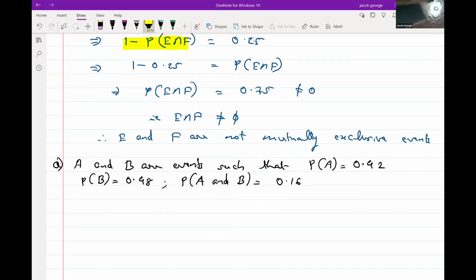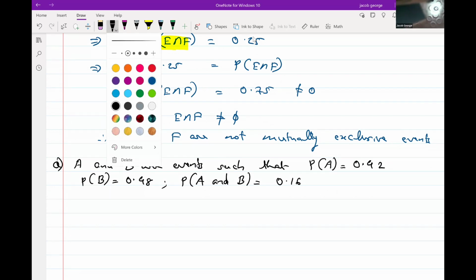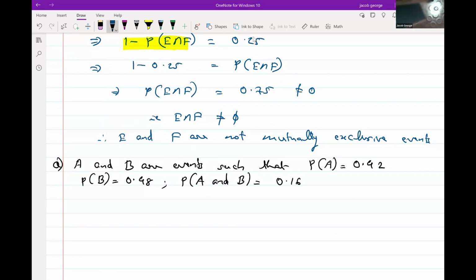A and B are events such that P of A is equal to 0.42, P of B is 0.48, P of A and B is 0.16.